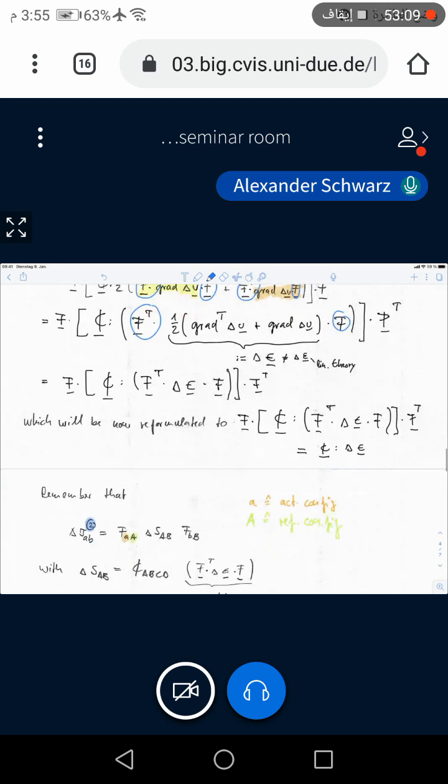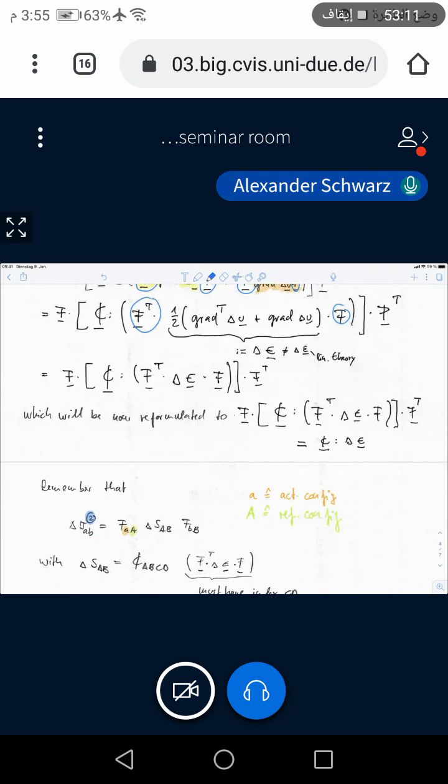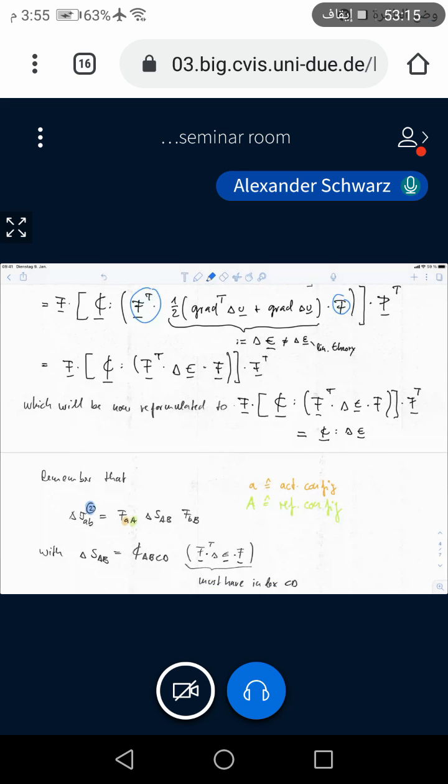Okay, so what we know is that I have delta S_AB, which is normally related to the constitutive tensor. C is fourth order, ABCD, and what is remaining of that must have the index CD.